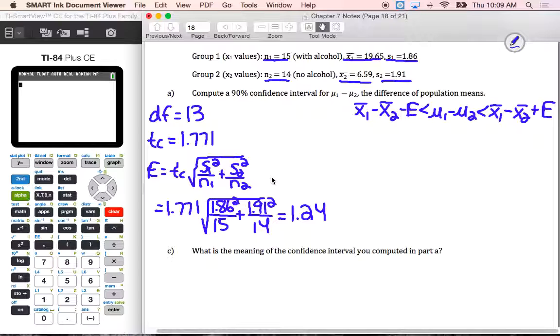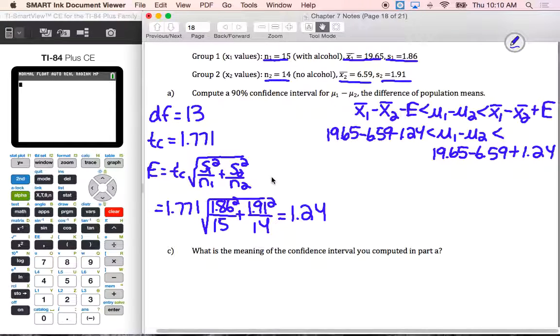So we're going to plug everything in. I'm running out of space, so I have to go to my next line. Okay, so for the left side then, we should get about 11.82.